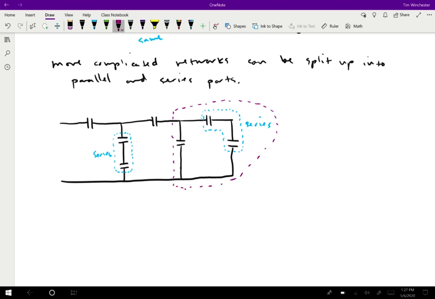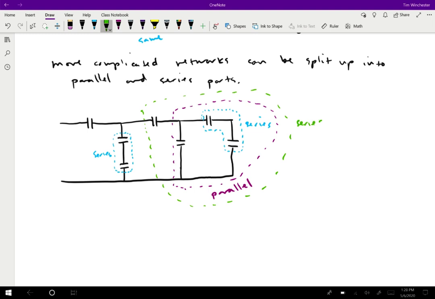So we could say here that the capacitor on the left side of this purple outlined region is in parallel with the other two which are in series. And then that parallel network that I've outlined in purple is in series with this other capacitor. The idea here is we can build up a complicated network from a bunch of parts that are each in series or parallel.